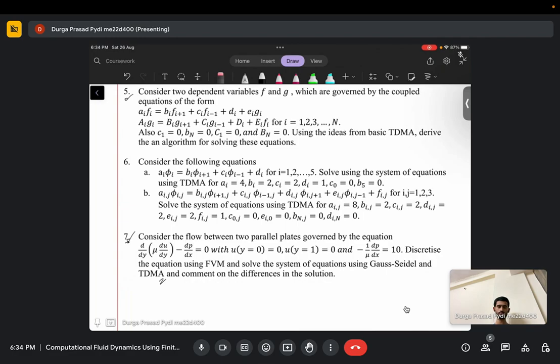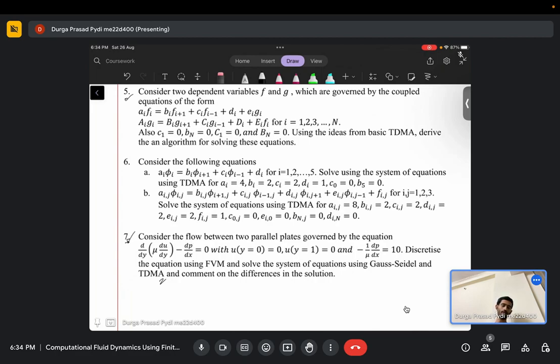Yeah, so this is my question still: we use TDMA from now on, is it like we use only TDMA to solve all the equations? I mean, we will be using Gauss-Seidel mostly. Line by line is fine.